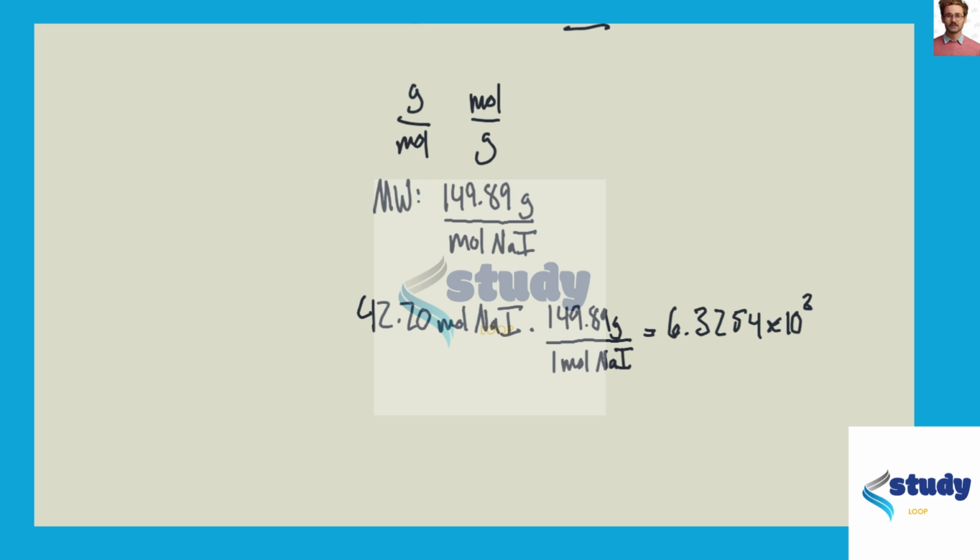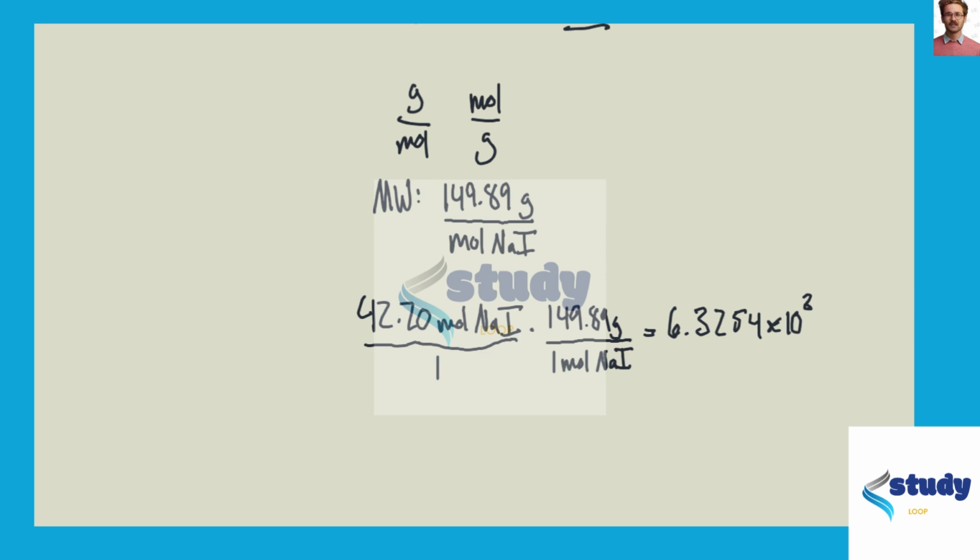What are my units? Okay, well, we had moles of sodium iodide, and well, it's not in a fraction, but anytime we have a number that's not a fraction, it's okay to just turn it into a fraction by putting it over the number 1. It doesn't change anything mathematically, but it makes it easier to think about this being a fraction with the units of sodium iodide in the numerator.